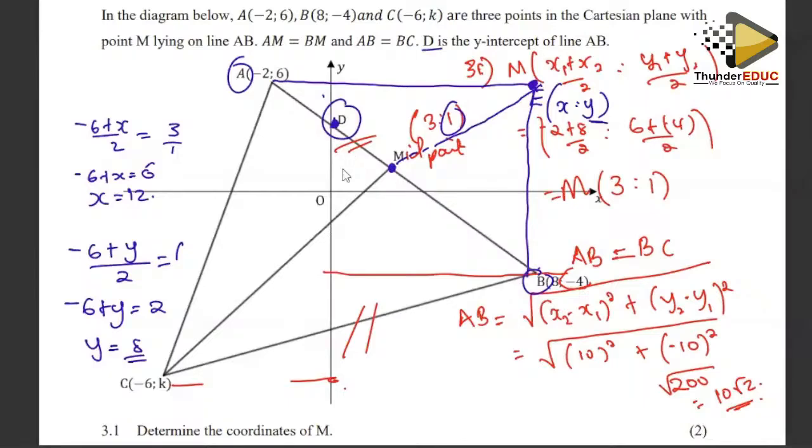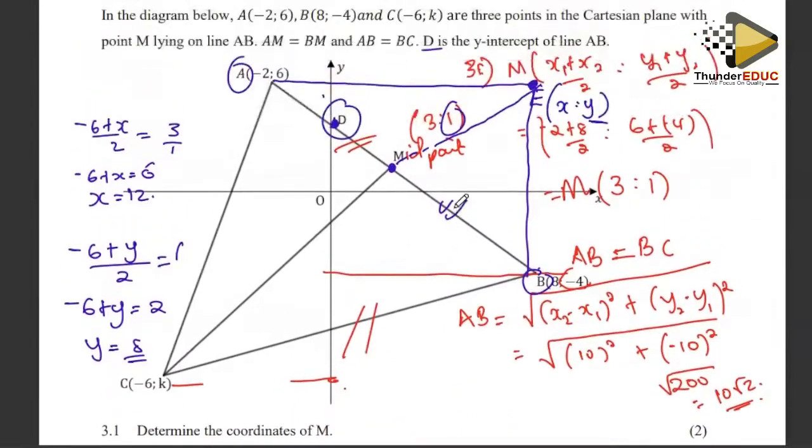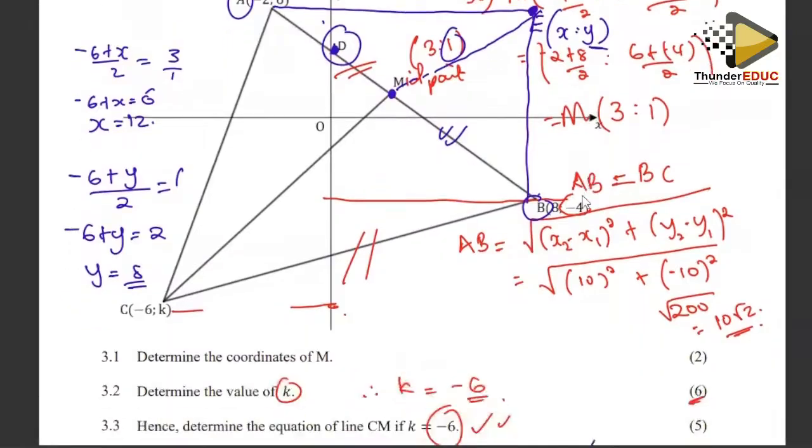Okay, the equation, we know we only found the distance. Did we find the gradient? Nothing, we only found the midpoint. Okay, so let's try to find the gradient of AB. Maybe that will lead us to what we want.